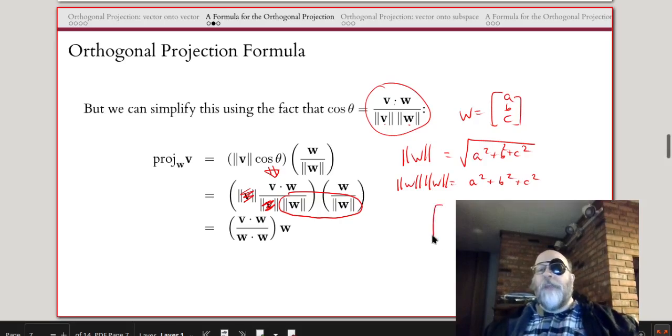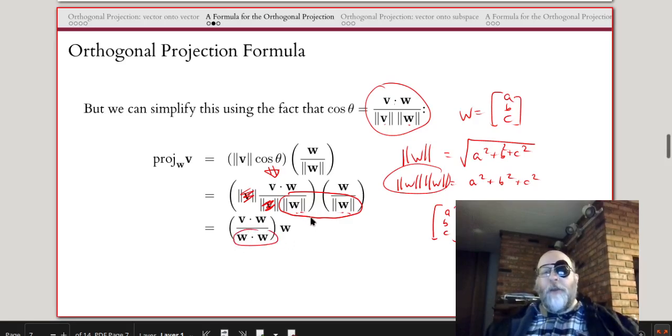But that's just the same as the dot product of ABC with itself. It's a times a plus b times b plus c times c. And that is just w dot w. And so when I take these two magnitudes and combine them, the square roots cancel, and I just get the dot product. And that's what I have here.